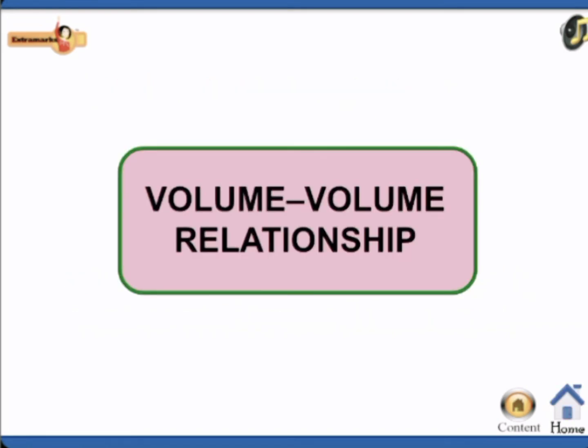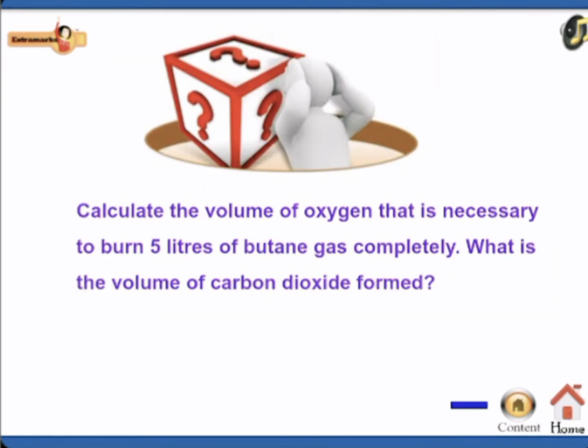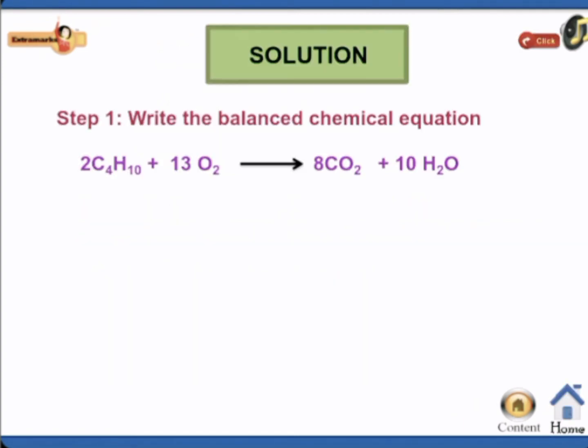Volume-volume relationship. In volume-volume relationship, the volume of one of the reactants or the products is given and the volume of the other is to be calculated. Let us solve a numerical based on volume-volume relation. Calculate the volume of oxygen that is necessary. The numerical can be solved by following the given series of steps.